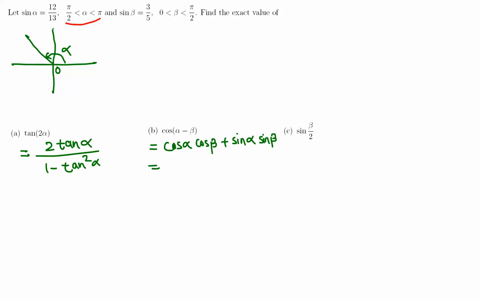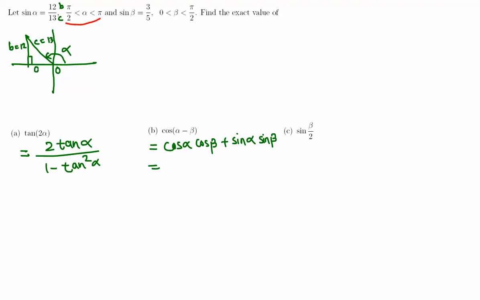Sine is opposite over hypotenuse, so opposite B, and this is C or R, B over C. If we draw a right triangle, this is opposite, that's B equals 12, and this is C, which is 13.